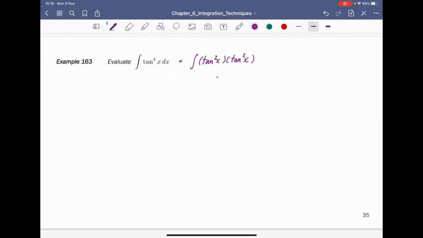The reason I do this is that I am going to replace one tan squared x by secant. I know that secant squared x is 1 plus tan squared x. If I replace tan squared x by secant squared x minus 1, this would work. Then this is going to be integrate tan squared x sec squared x dx minus integrate tan squared x.